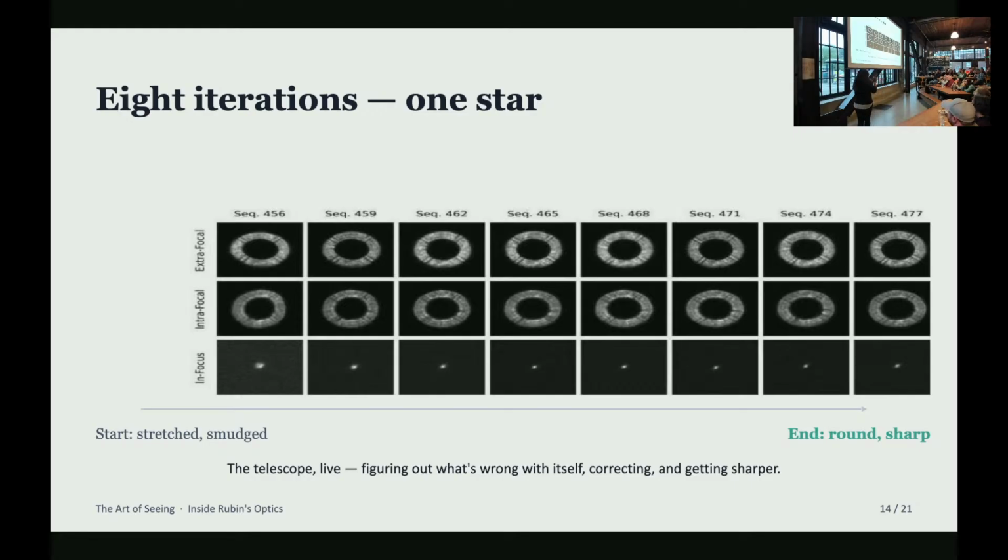Otherwise, we wouldn't know the sign of the correction that we need to make. By the time we keep constantly making these adjustments, we find these perfect round donut shapes. That means our telescope is perfectly in focus. And when that happens, we love that.